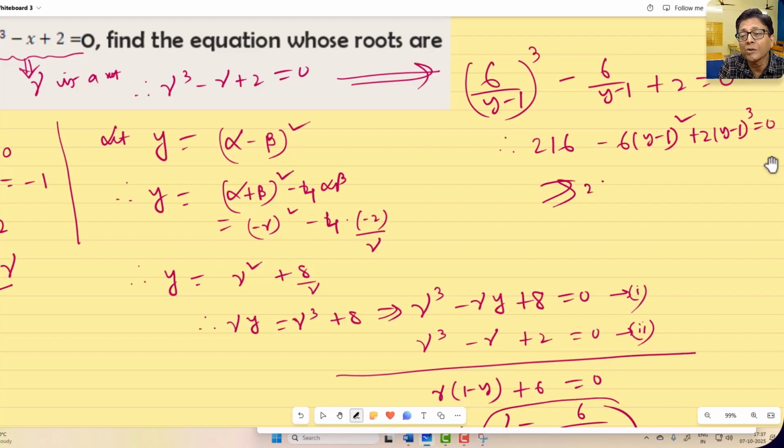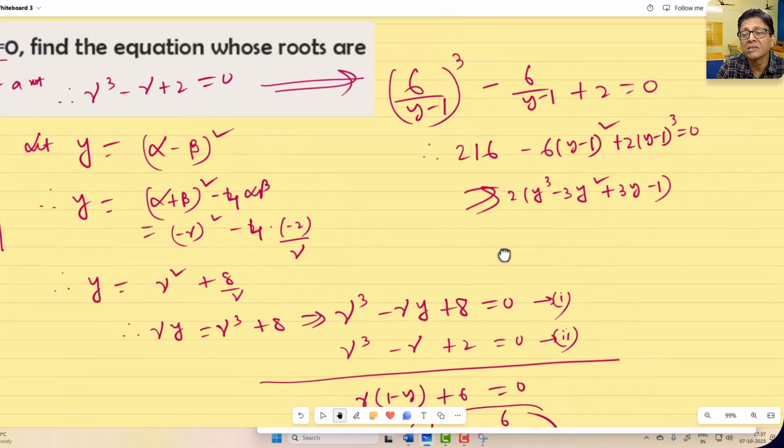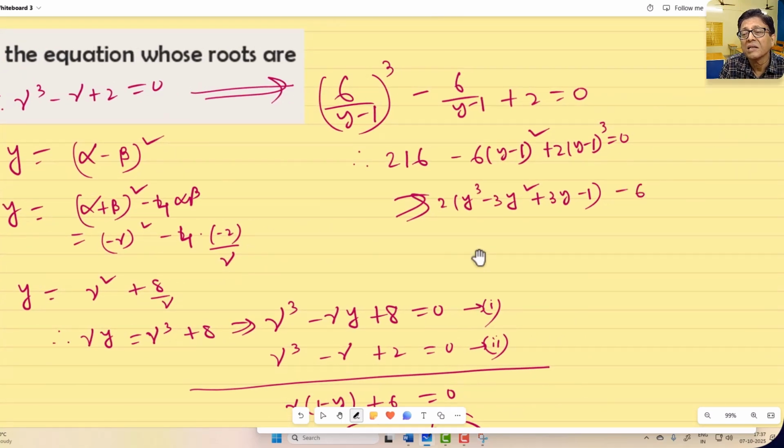It is 2 into y cube minus 6 into y square minus 2y plus 1 equal to 0. So this is changed to, 216 is also there.